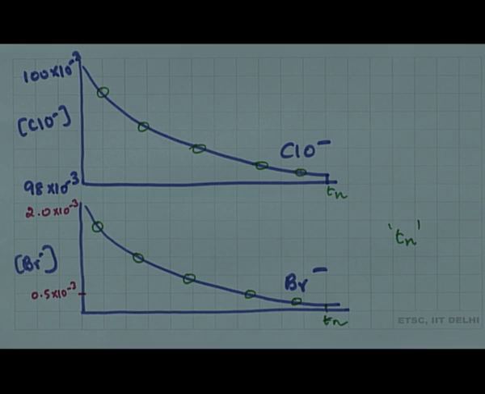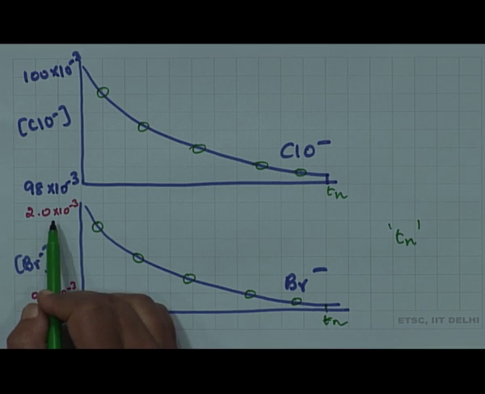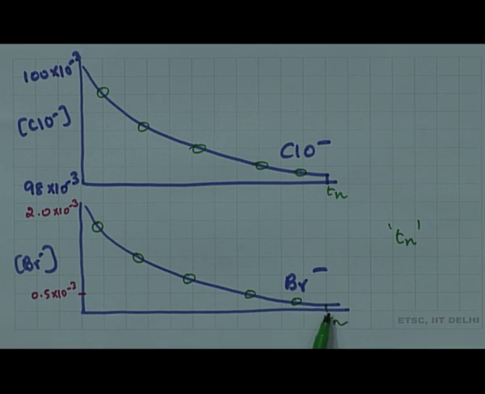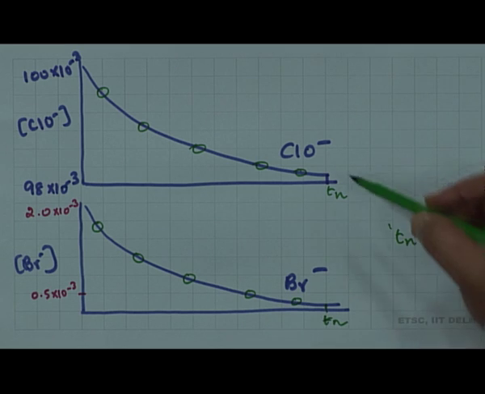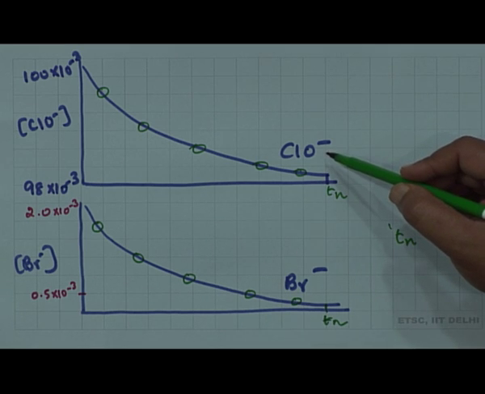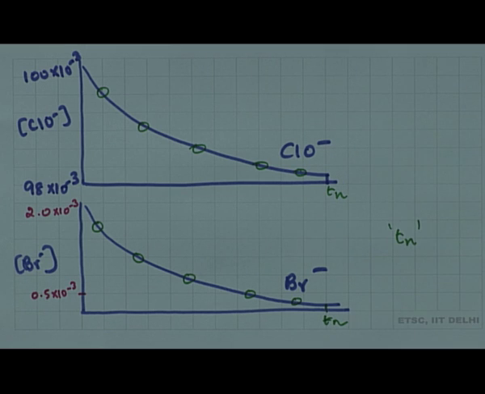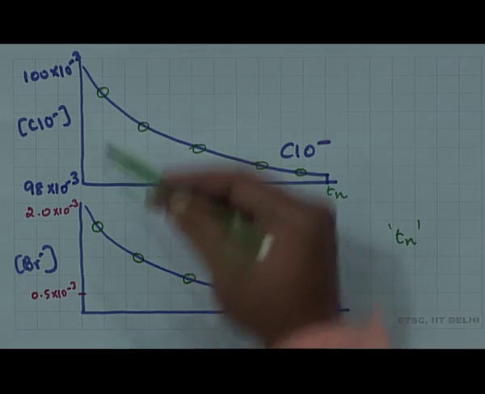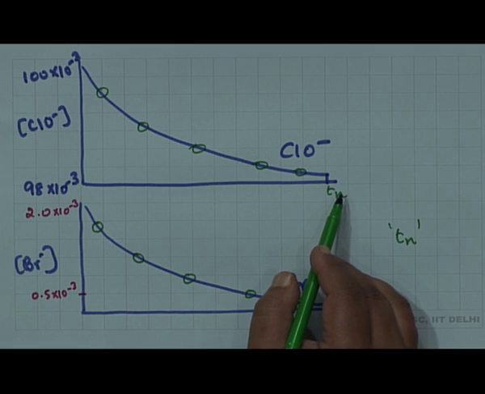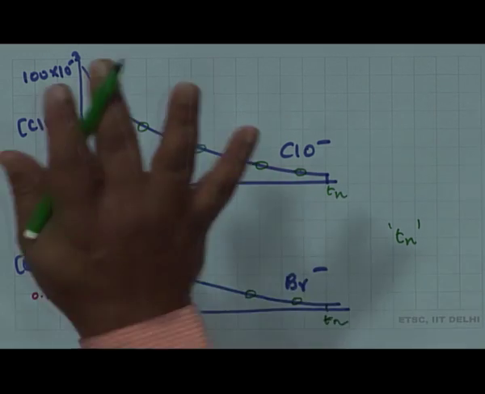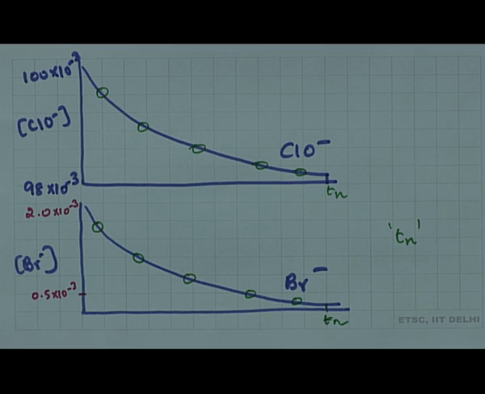So what do we see? For the bromide, it has come down from 2 to very close to 0, right. But look at what has happened for the hypochlorite. For the same time point, it has come down from 100 to a value very close to 100, just below 98.